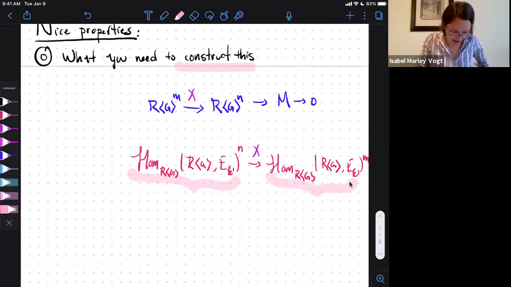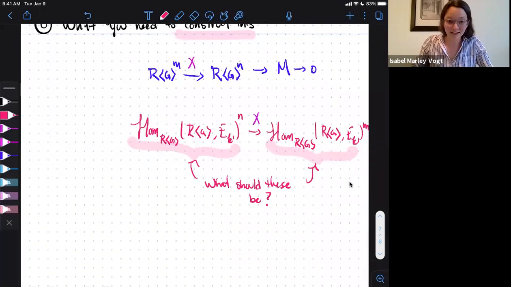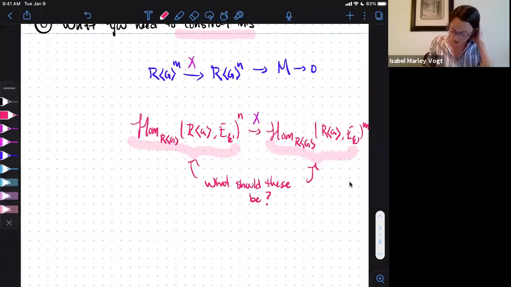So let's try to think about what these should be. Okay, well, let's look at the functor of points. I told you what I want the functor of points to be, so let's look at that and see if we can identify what this variety should be.